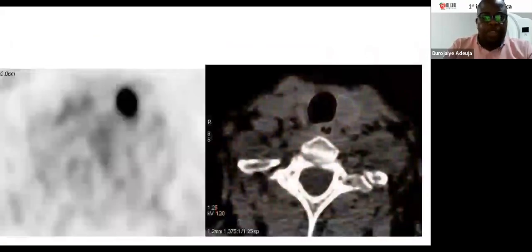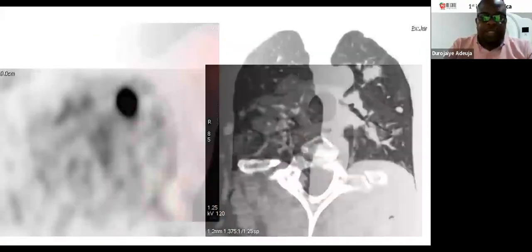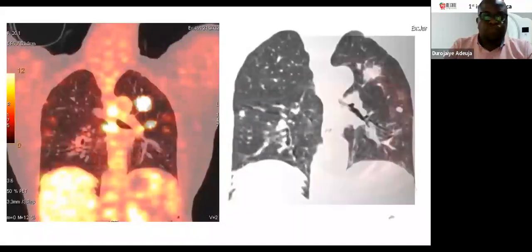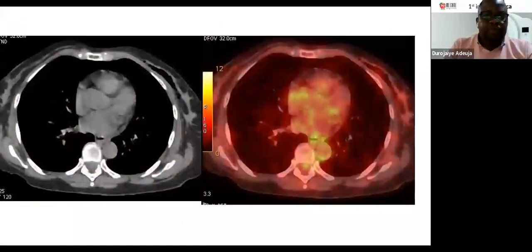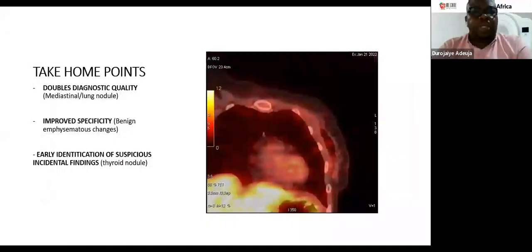Another take-home point is that apart from improving the diagnostic quality, apart from doubling it, it also improves specificity. Essentially, if you look at the images to our right, we saw this area of emphysematous changes like I earlier depicted. And because there was no area of increased uptake, we were sure that yes, this was just benign and not malignant.